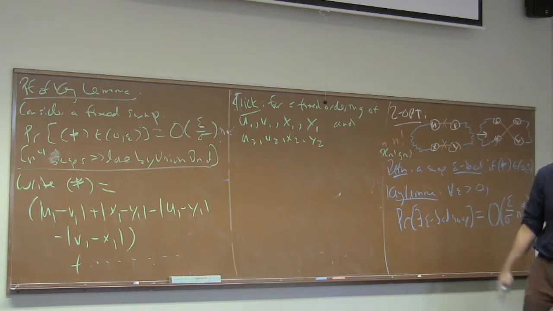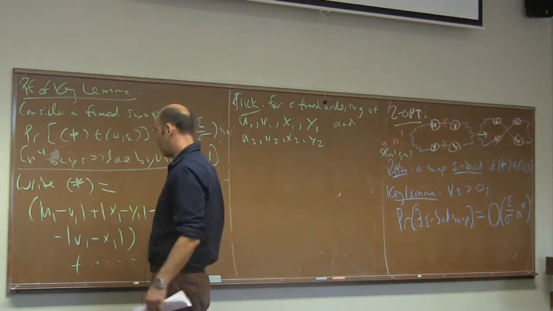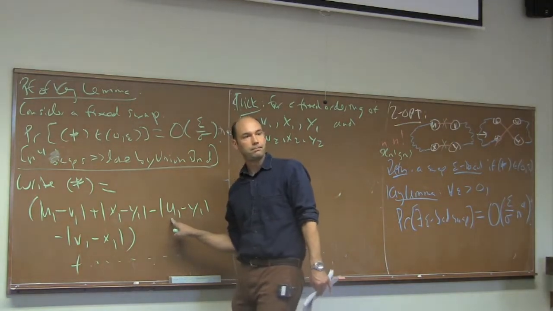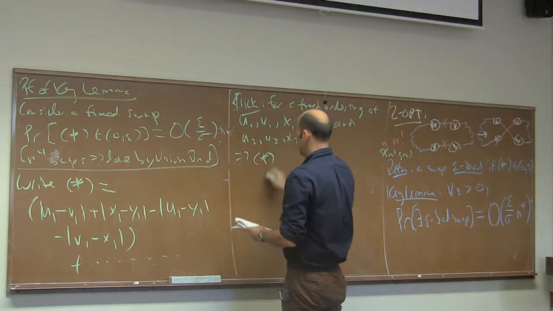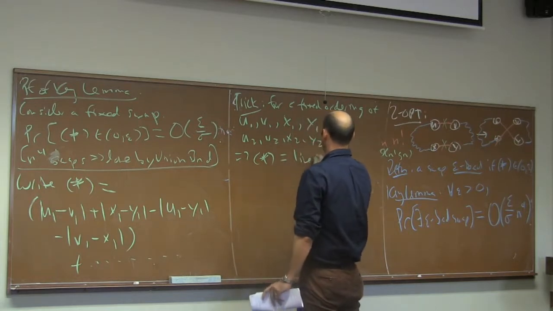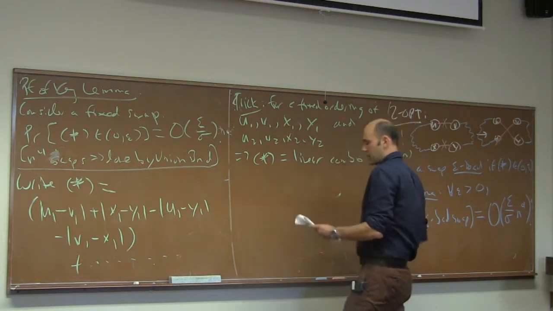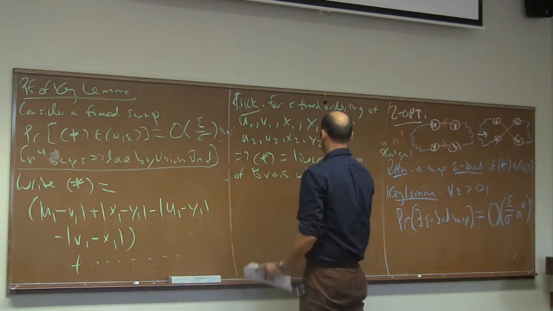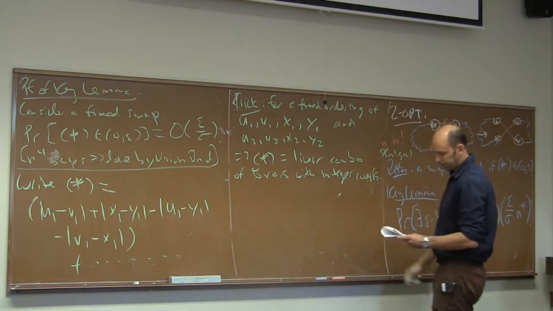So I'm going to get either 2 times u1, or minus 2 times u1, or maybe 0 times u1. So the expression star, which we want to show is very unlikely to be between 0 and epsilon, once we've made these 4 factorial squared choices, boils down to a linear combination of 8 variables with integer coefficients.